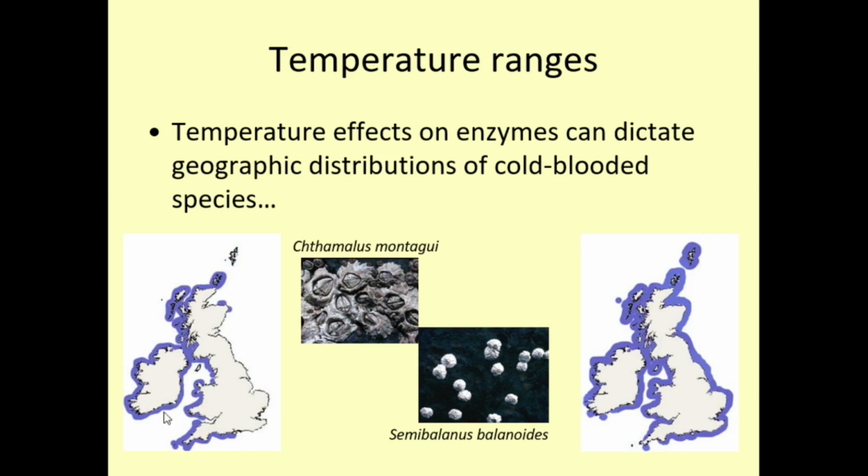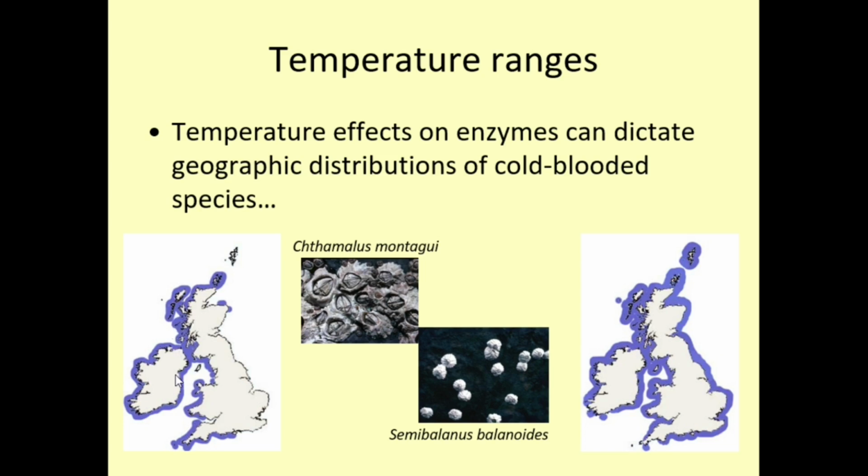So the west coast of the UK and Ireland is basically at a warmer temperature because of the Gulf Stream. So if you've not heard of the Gulf Stream before, it is a system of ocean currents that bring warm water up from South America, and they sort of go past our west coast, bringing the warmer water with them, which also warms the air above the water, which is part of the reason why we have such a balmy climate in the UK, on the west coast of the UK, particularly down here in the southwest.